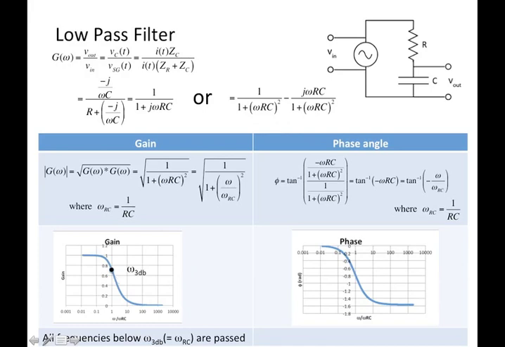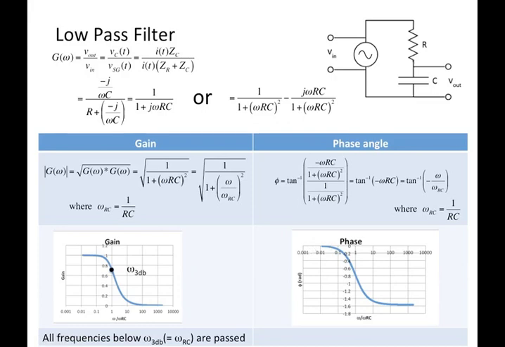At the same time, we can calculate the phase, and we can go through the arctangent of the imaginary part over the real part, which we can just pull from this equation up here, and we can find that the phase angle is just the inverse tangent of minus omega over omega RC. The important point there, which I plotted below, is that at low frequencies, the phase is constant at zero.